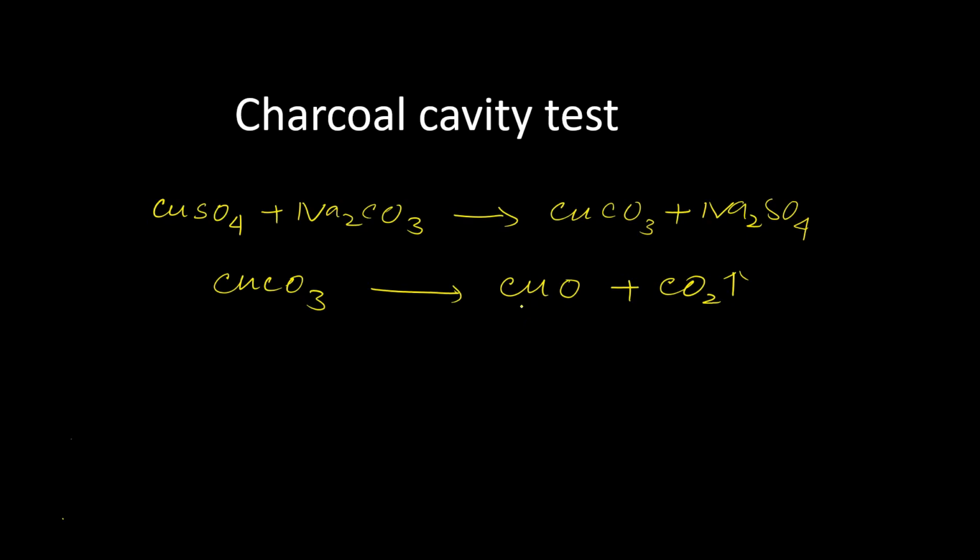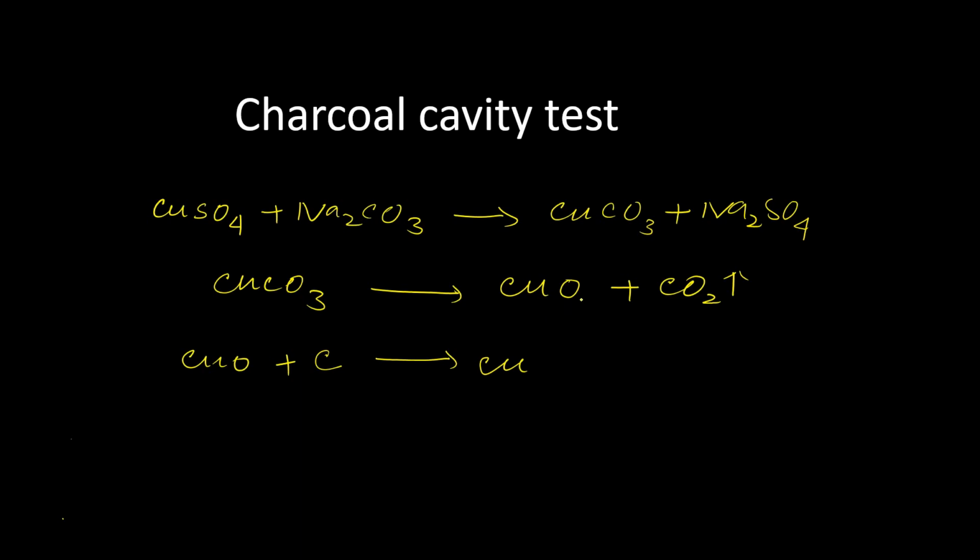Now again, some of the oxides will be reduced in the reducing flame. Already I told you this charcoal cavity test must be done in the reducing flame. Reducing flame means where the fuel is burned in insufficient oxygen, so some carbon particles will be there. By these carbon particles, the oxides will be reduced to the metallic state. Say this copper oxide plus carbon of the reducing flame is converted to metallic copper.